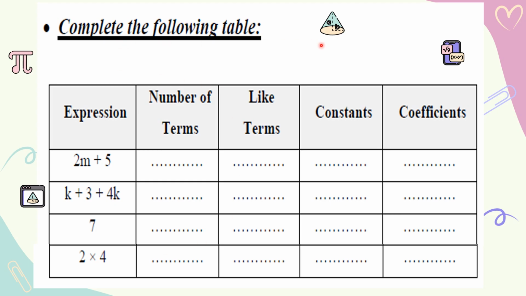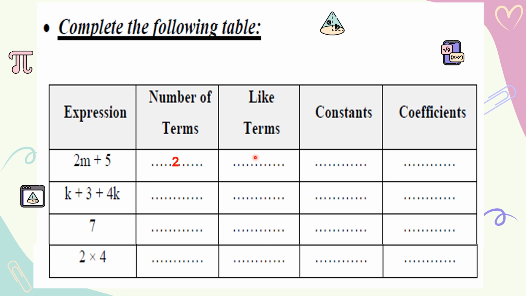Complete the following table. Here we have the expression 2m plus 5. Let's find the number of terms. How many terms here? 2m is a term, 5 is another term, so we have 2 terms. What are the like terms here?